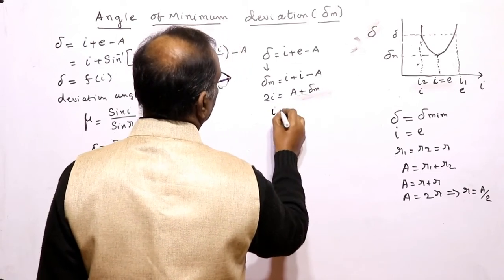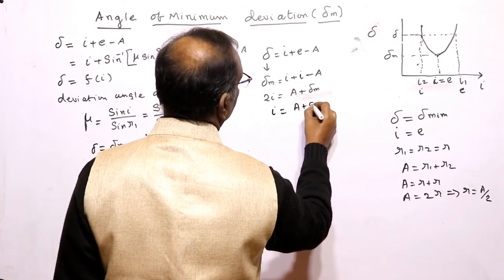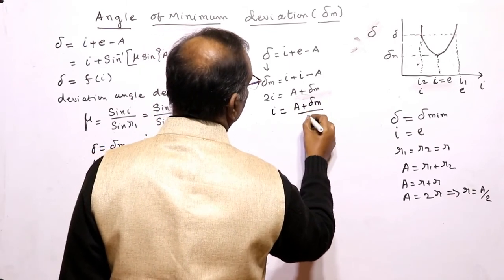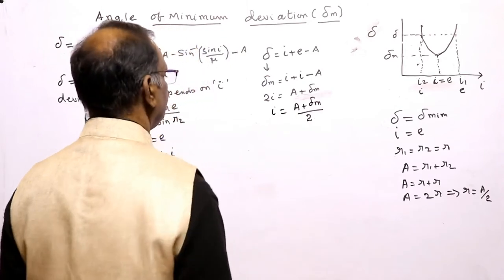Then I is equal to A plus the angle of minimum deviation, divided by 2.